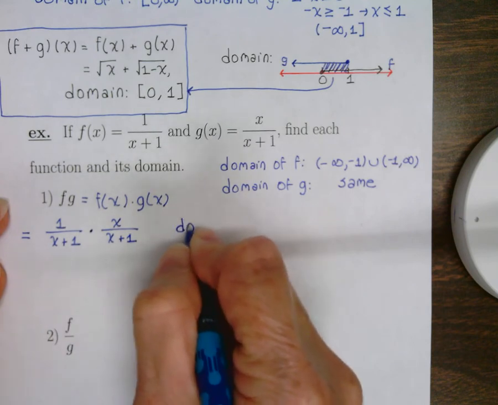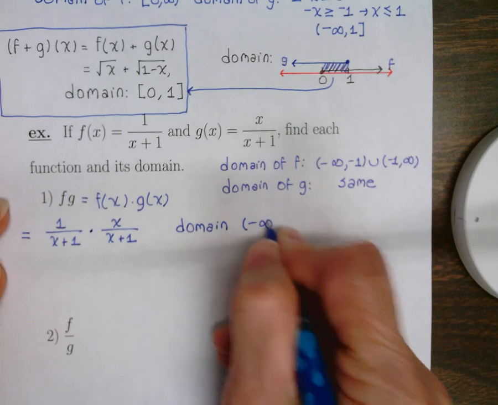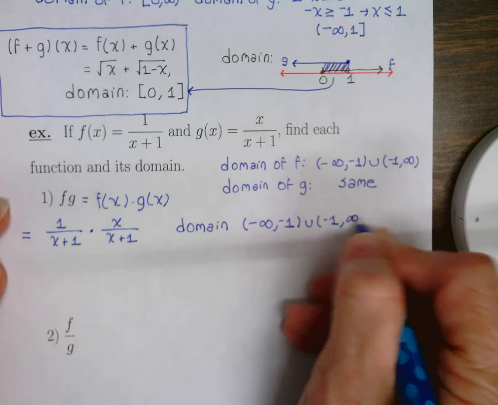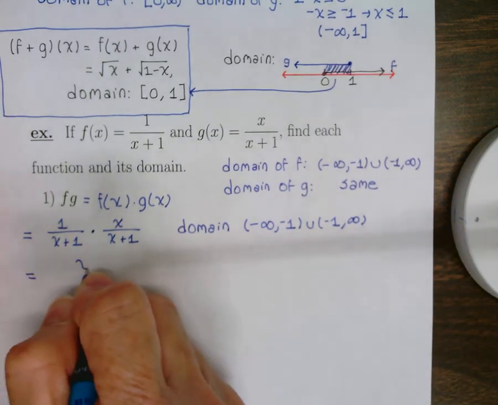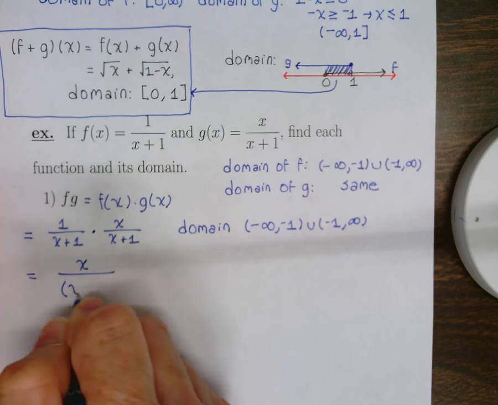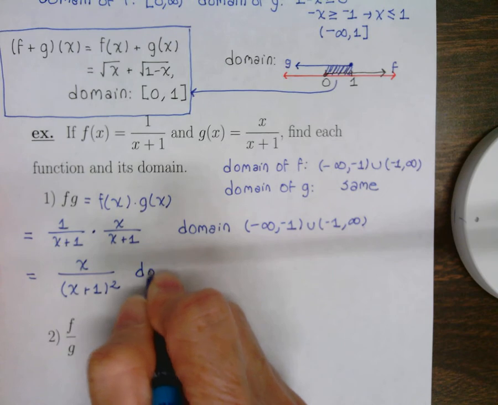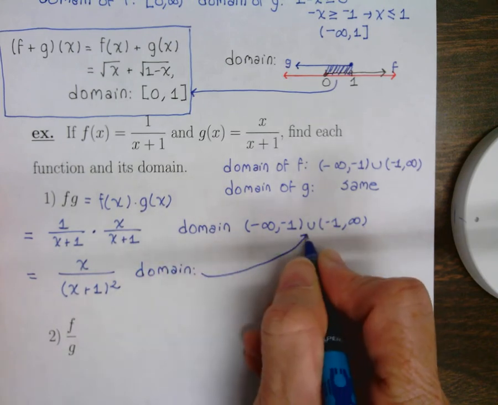And the domain has not changed. Okay, it's everything but -1. And then we can rewrite that as a single fraction, and we get the domain. And I don't need to write it twice. It's right there.